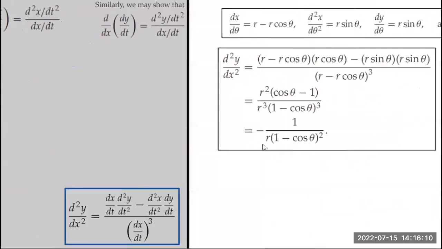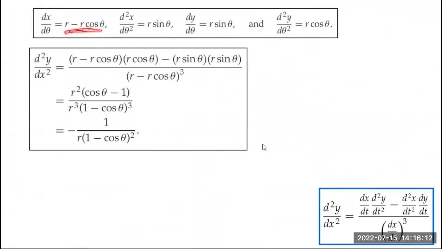Then d squared x over d theta squared is the derivative of this expression, which is r sine theta. Similarly, dy over d theta is r sine theta. If you take the derivative one more time, you get d squared y over d theta squared, which is r cosine theta.